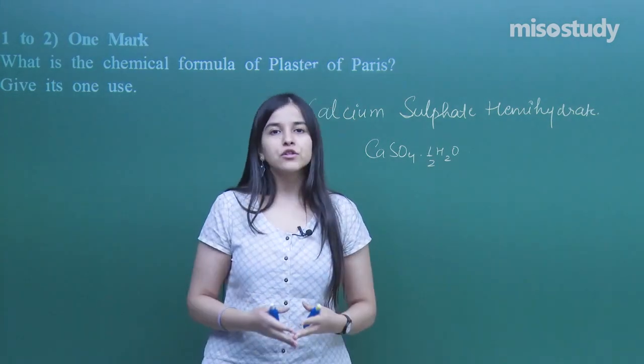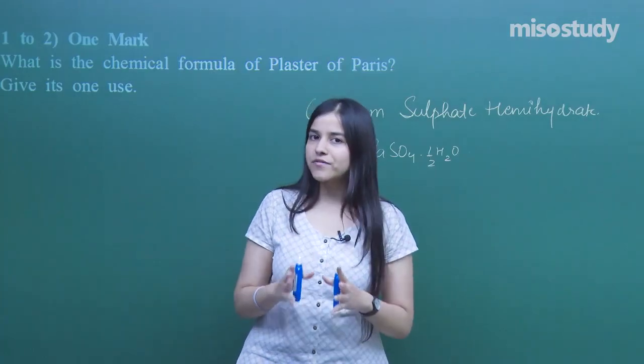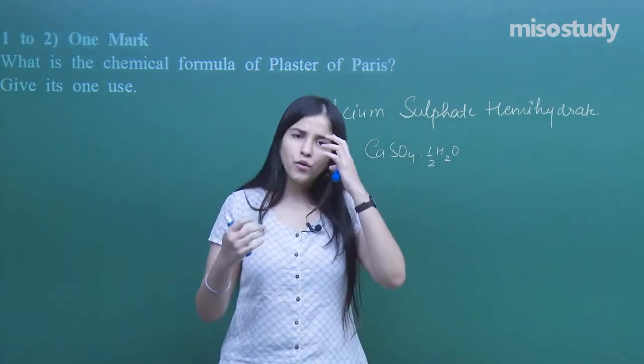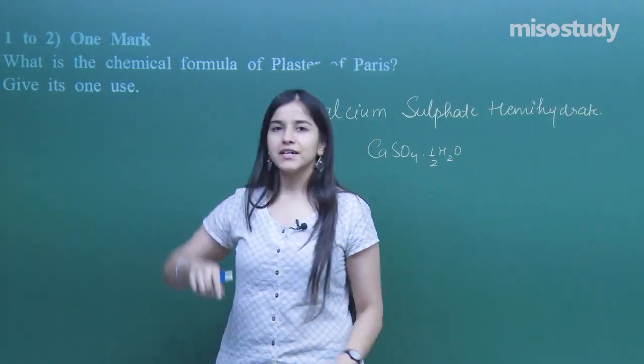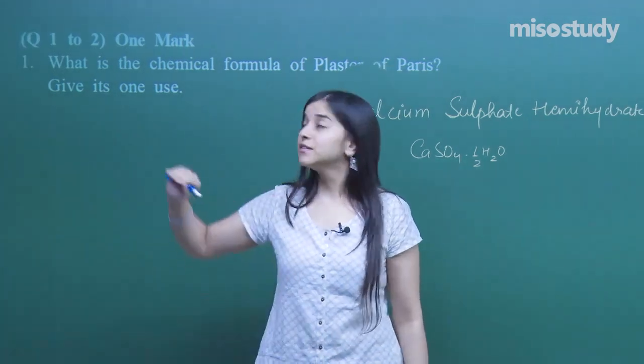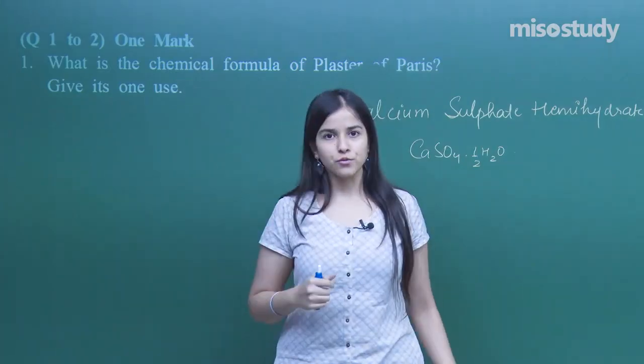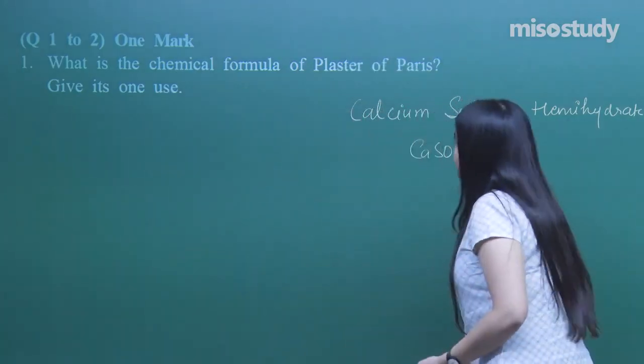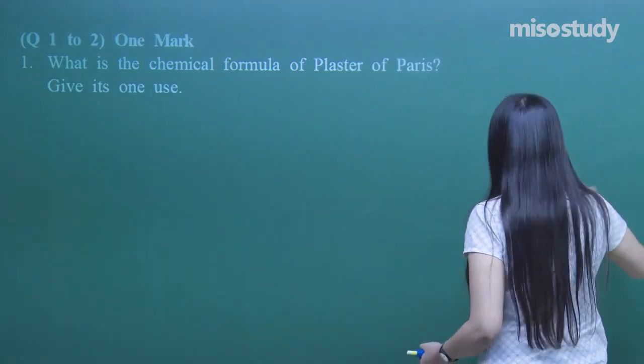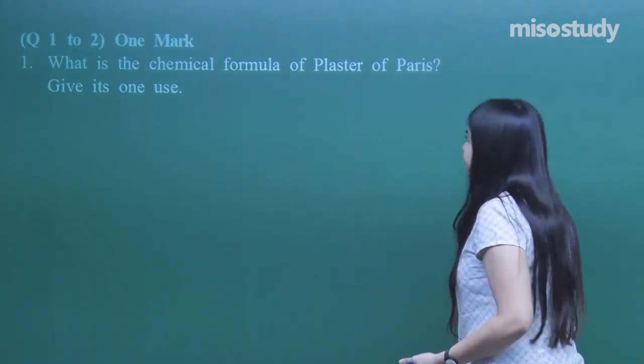I hope everybody is clear, and any one of the uses you can write because they are just asking 1 use. As per the marks, 1 mark: half mark for the formula, half for the use, clear? Let's move on further.